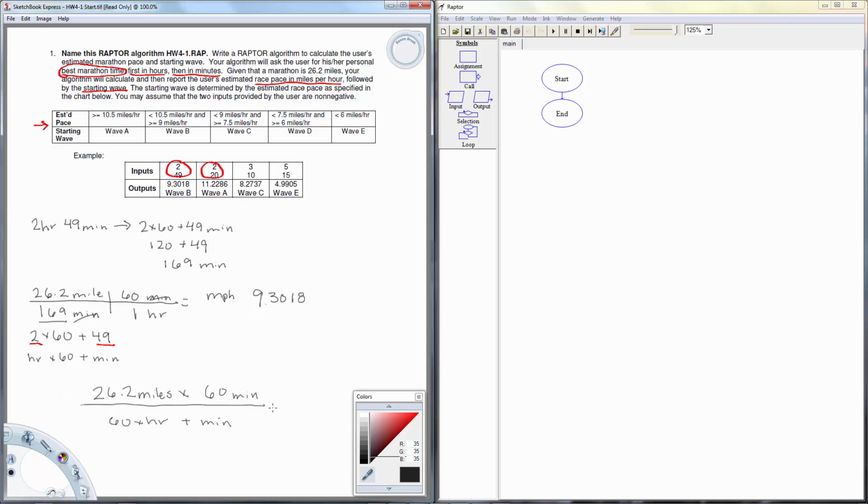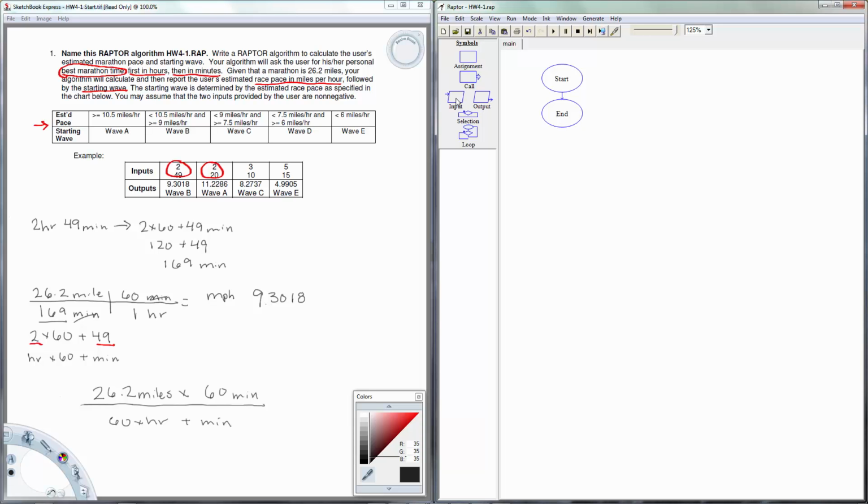And in this way I can get the race pace in miles per hour for any input of hours and minutes. So with this in mind, let's get started in Raptor and see if we can't develop an algorithm that will take these inputs and provide the specified outputs.